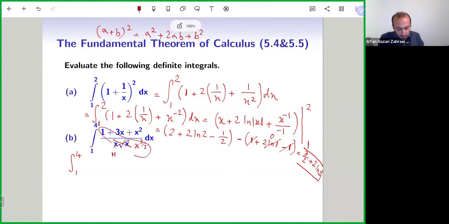Now let's do this plus this plus this. So first I have 1 over x to the 3 over 2, then I have 3x over x to the 3 over 2, plus x squared over x to the 3 over 2.